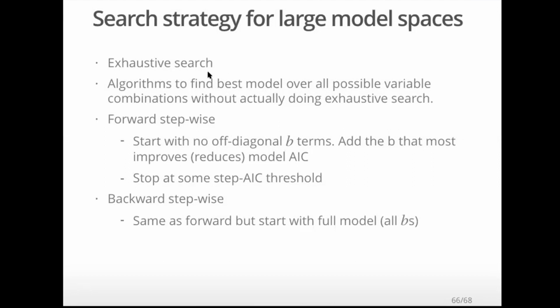Exhaustive search would not be practical if you had a lot of species. So there are various different algorithms that are used. Mark has worked on this quite a bit. Then you have your forward step models. You start out with no off diagonal terms, no interactions, and you're adding them. You can do a backwards strategy. You start with the full model and start removing things. So there's different strategies that you might use.